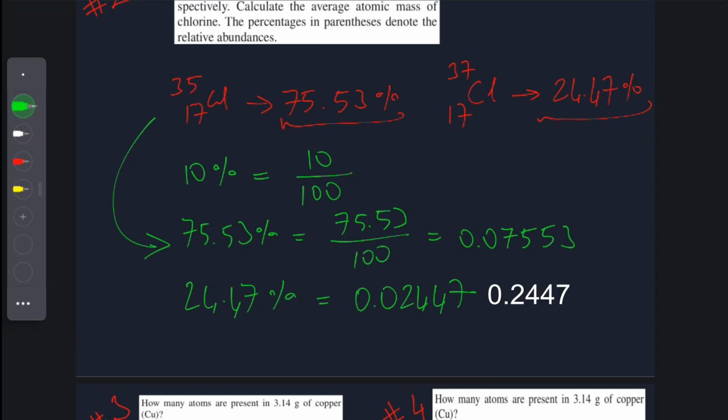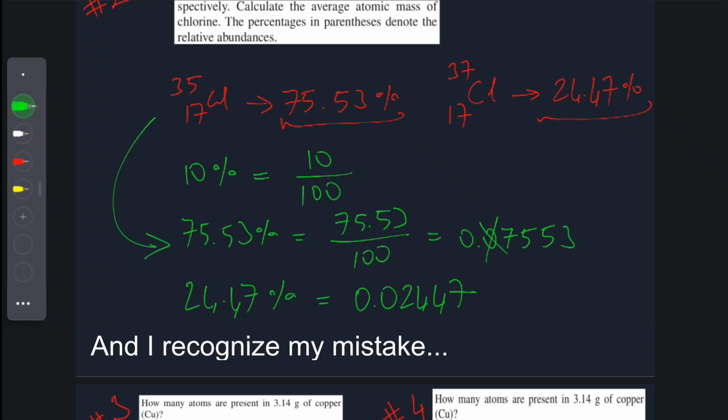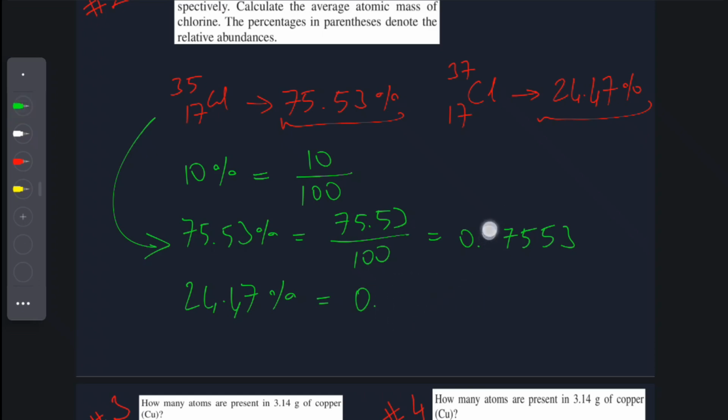Oh, sorry, I made a mistake. I made a mistake in division, so I should put only 0.7553 and 0.2447.